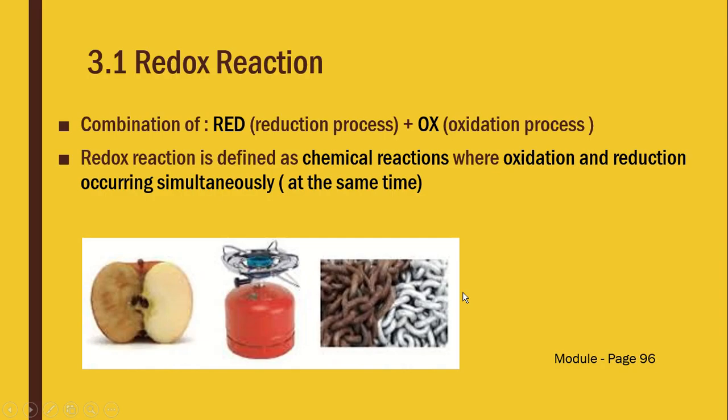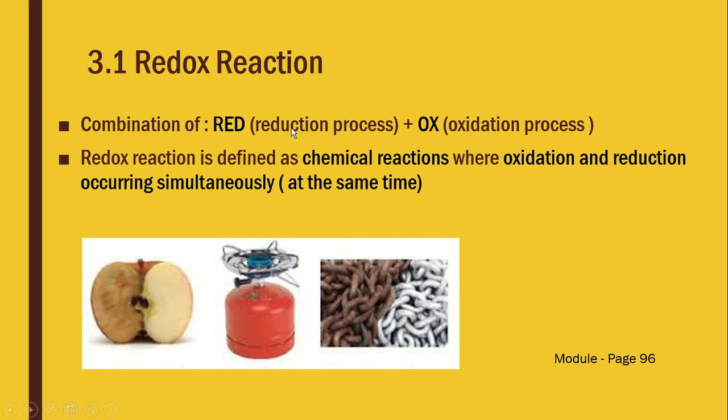For the lesson today we are going to learn the redox reaction definition. Basically redox reaction is the combination of the reduction process and the oxidation process. So red is taken from the reduction process and ox is taken from the oxidation process.